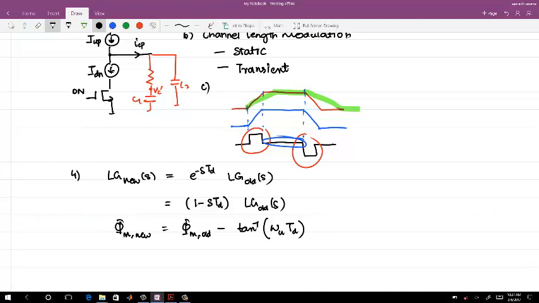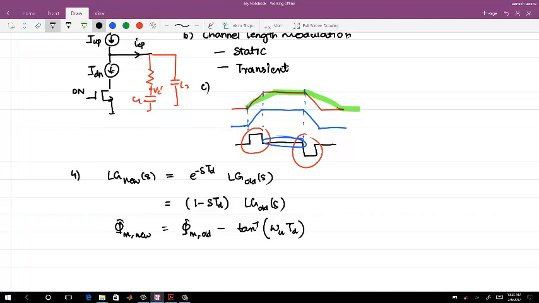So the thing is, in the locking case, your divided output will always lock to a zero phase error with respect to the input.